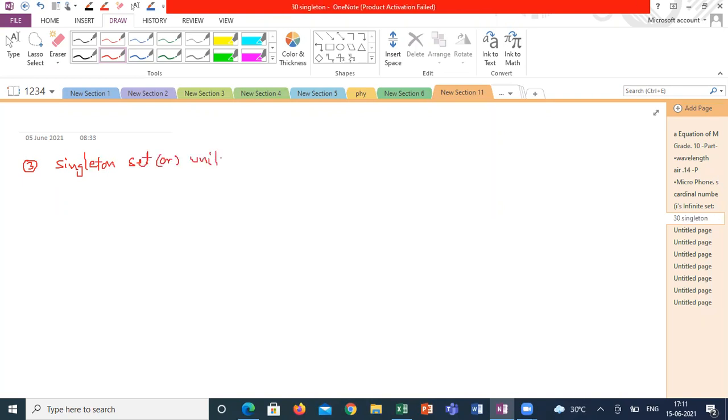A set which contains one and only one element, a set which has only one element, is called a singleton set or unit set.